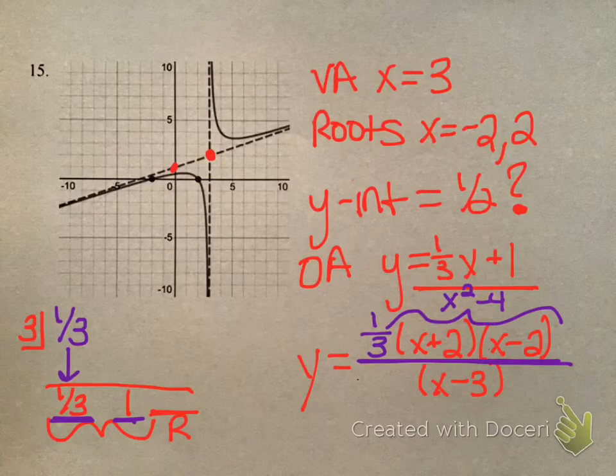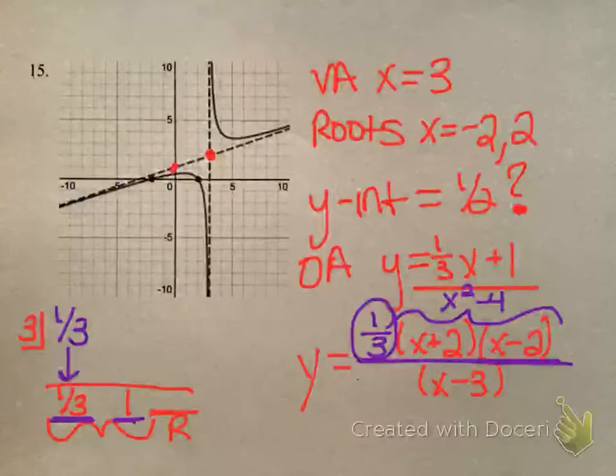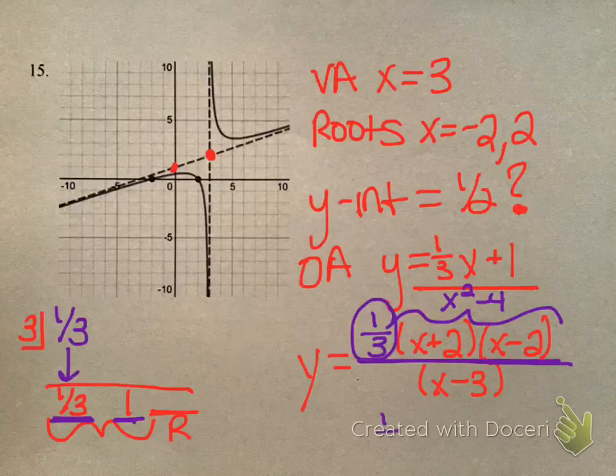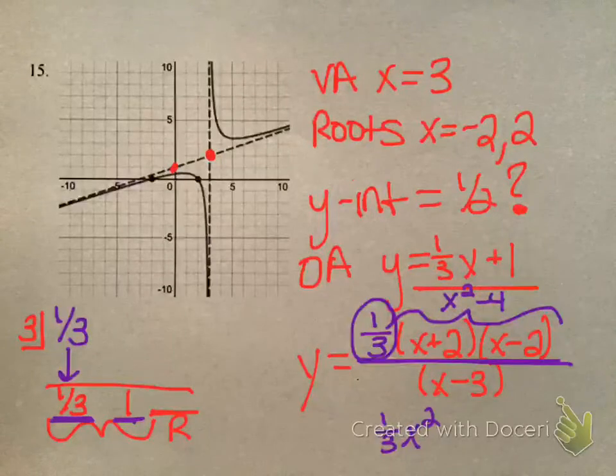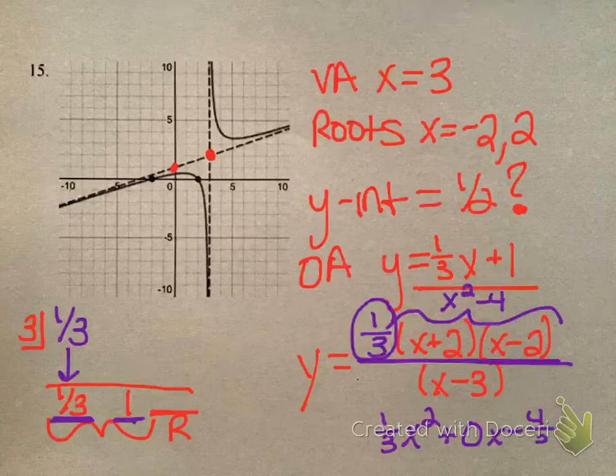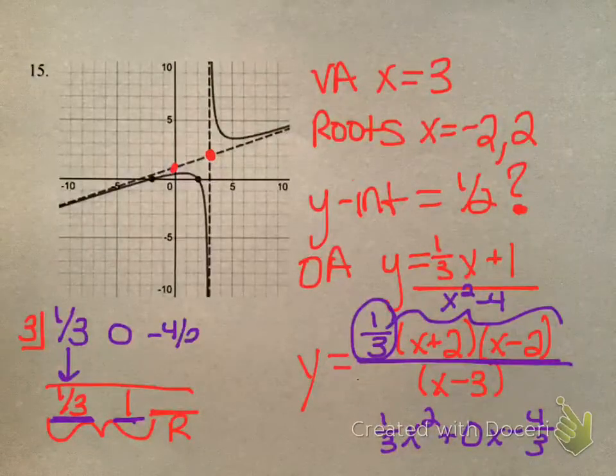It would have been a difference of 2 squares. With the coefficient of 1/3 distributed through there, it would have been 1/3 x squared, no linear term, and then minus 4/3. So those would have been the numbers up here in my synthetic division problem.